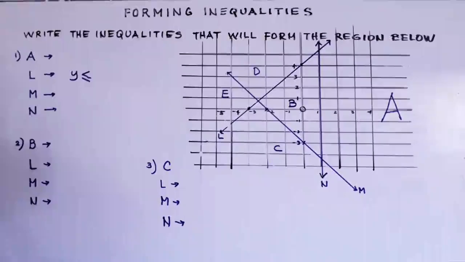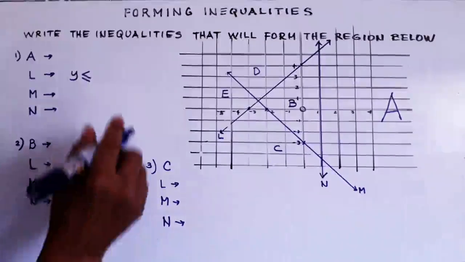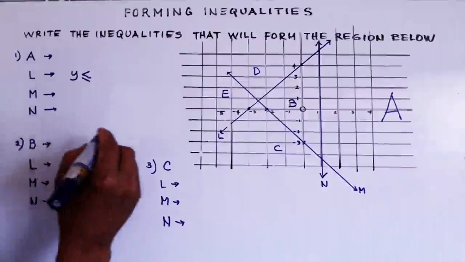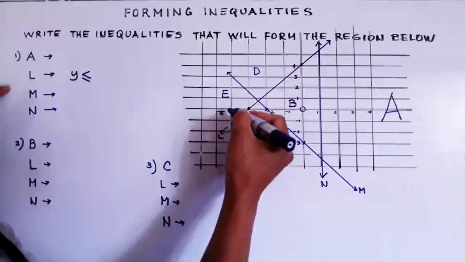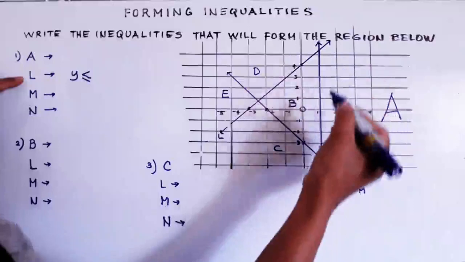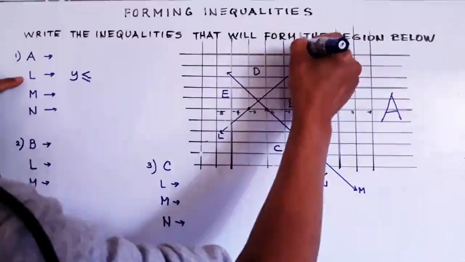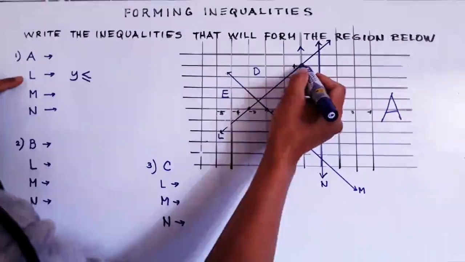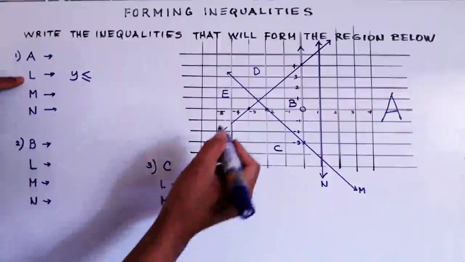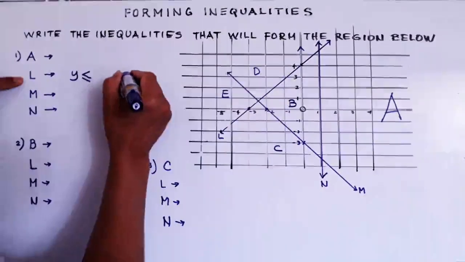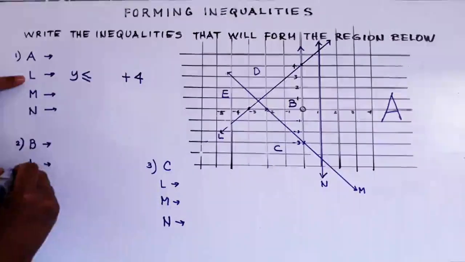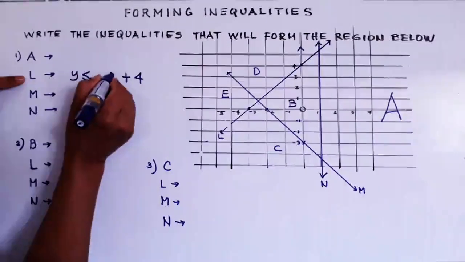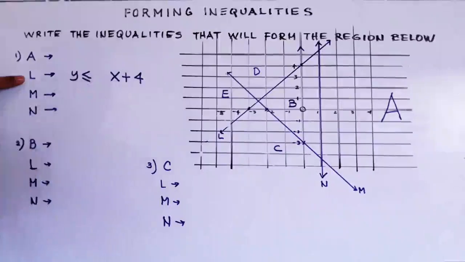Now we use our knowledge of slope-intercept form. First, where is the intersection of this line L on the y-axis? This one is the y-axis. It's on the 4. What is 4? It's positive. So it's positive right here. Positive 4 is the c. Okay. And then the slope, don't forget that we have an x here.